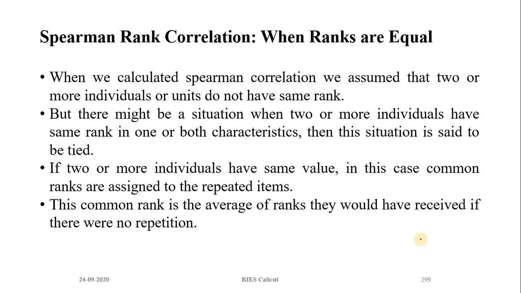So the Spearman rank correlation technique that we have just learned assumes that two or more individuals or units do not have the same rank. The equation that we have just used, 6 into sigma d square divided by n into n square minus 1, is applicable only when we don't have the same ranks. If all people are getting different ranks, then only this equation is applicable.